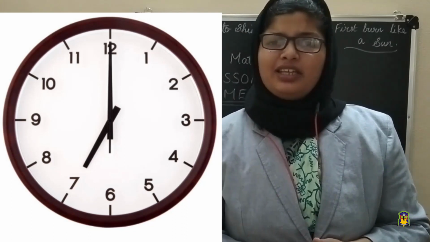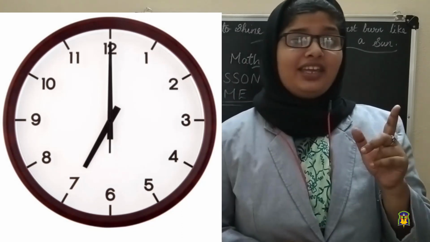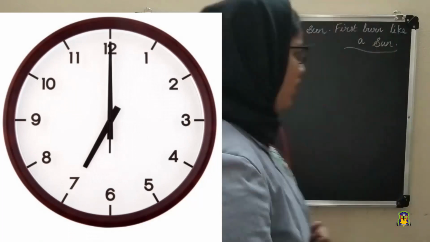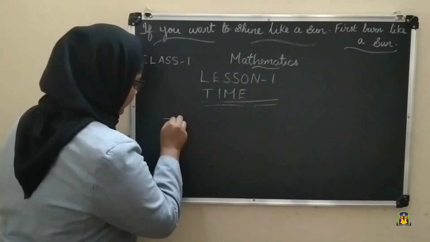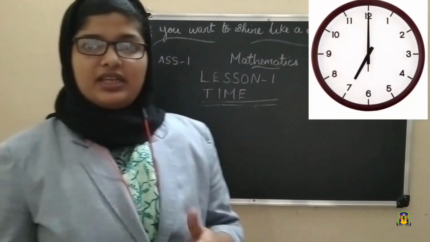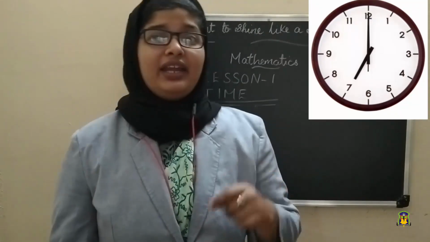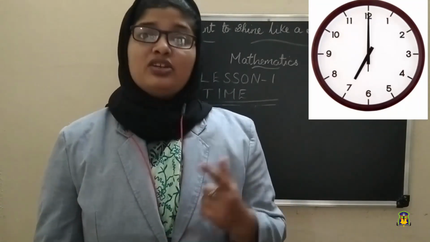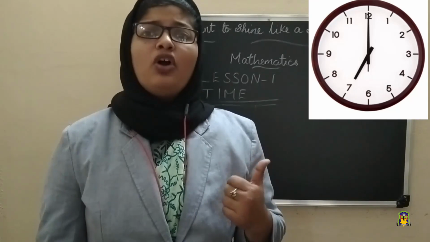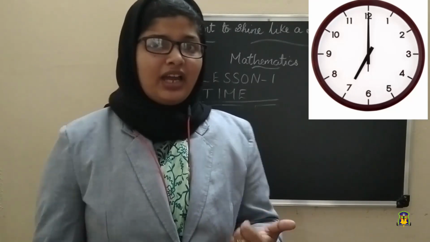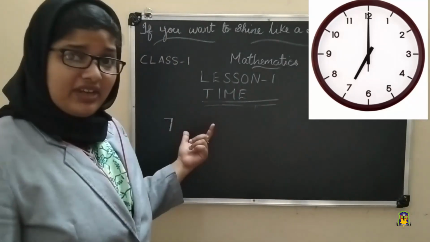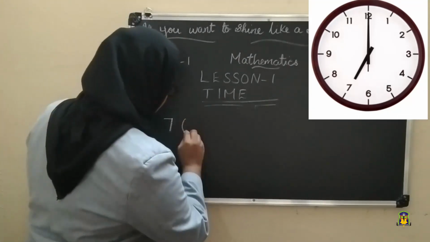Yes, say 7. So how will we say the time? 7 is right. The minute hand is on 12 and the hour hand is on 7. So how will we say the time? 7 o'clock.